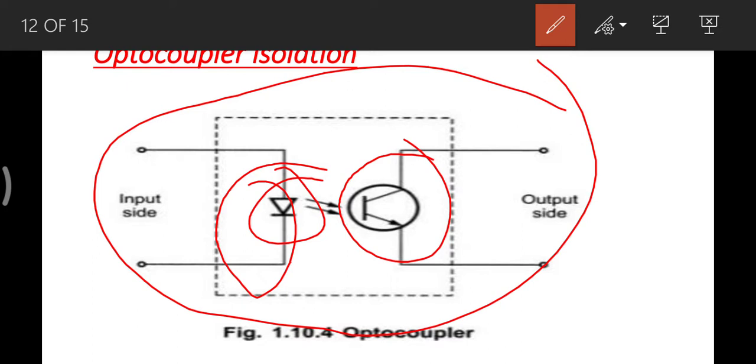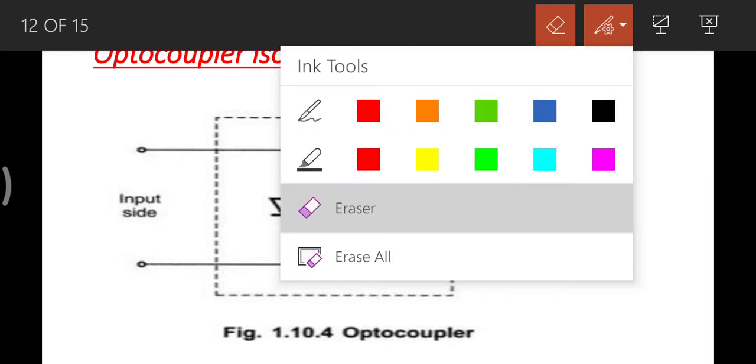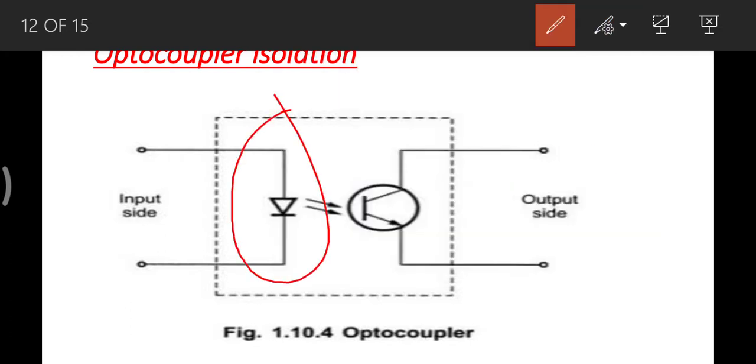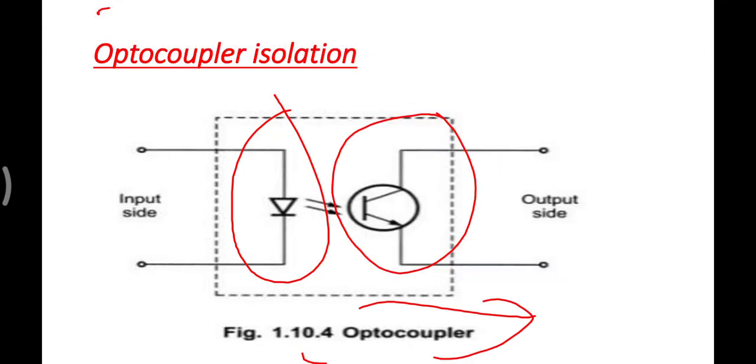This is the basic circuit of the optocoupler isolation. An optocoupler mainly contains two things: a light emitting diode and a photo transistor. By combining these two, we get the optocoupler.